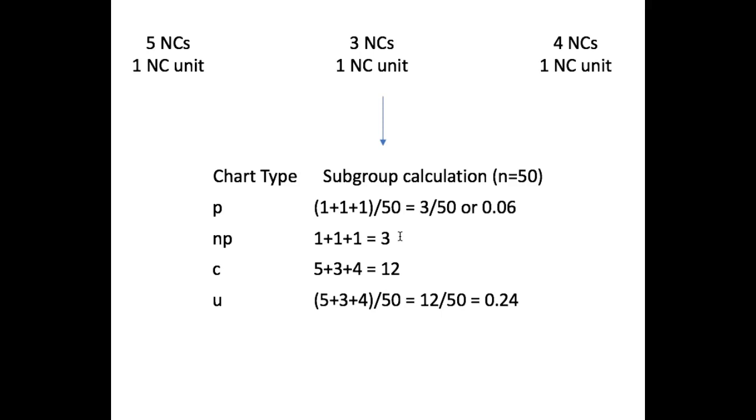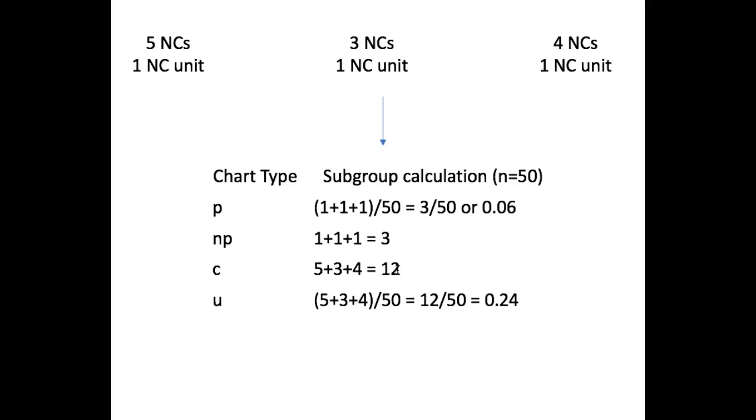Okay, but let's say, you know what? We are more worried about how many dings are on these little pairs and not just the fact that the pairs themselves are defective. So we're going to switch to a C or U chart. When we do that, we count up the nonconformities for a C chart, and that is our total count. So we have 5 plus 3 plus 4 is 12 nonconformities for our subgroup. So 12 would go up on that y-axis.